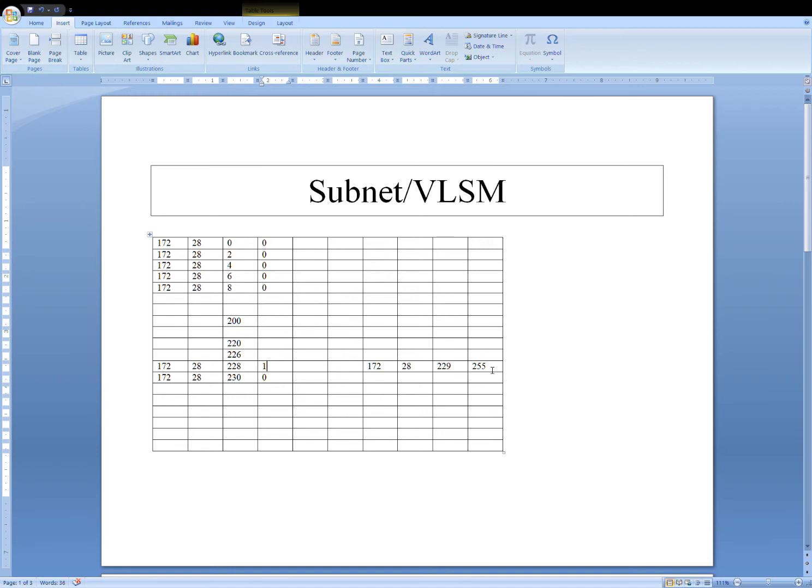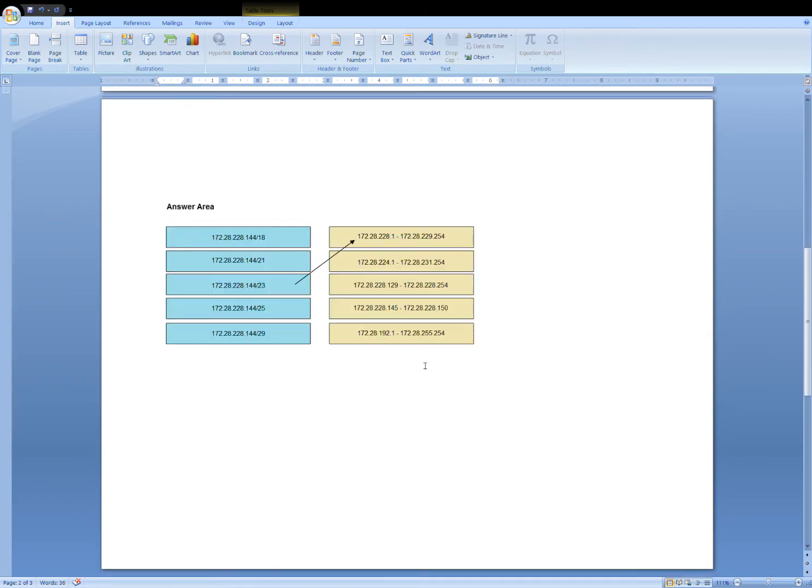And the last usable is always the broadcast address minus 1. So 255 minus 1. Again, always from the right-hand side. You add on the right-hand side, and you subtract on the right-hand side, just like in regular math. So that range is what we're looking for in the answers. And that's why this answer pairs with this answer up here.